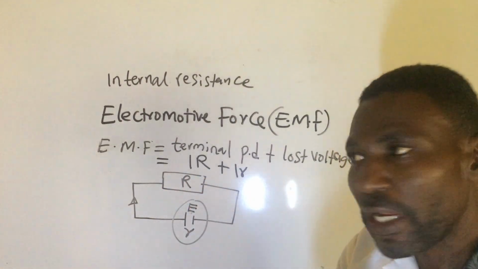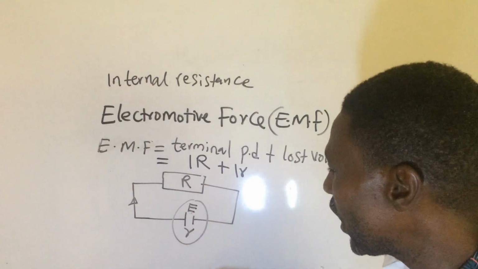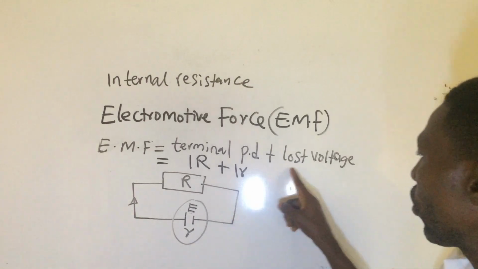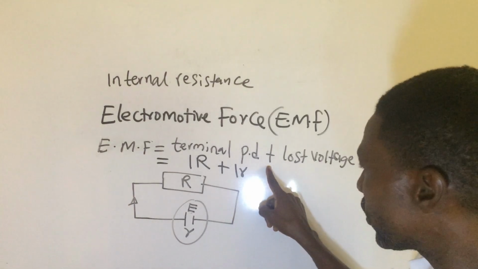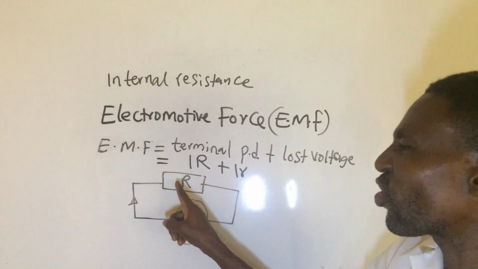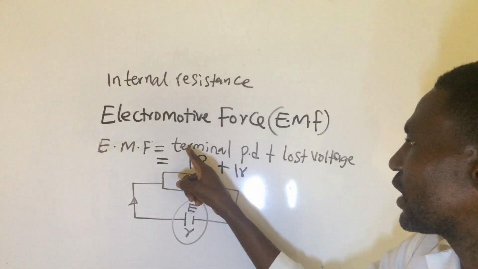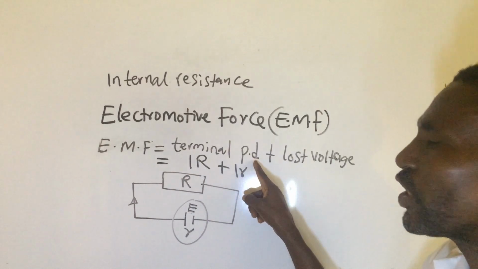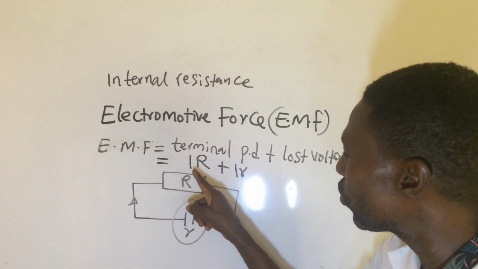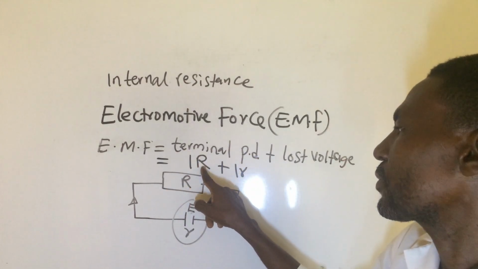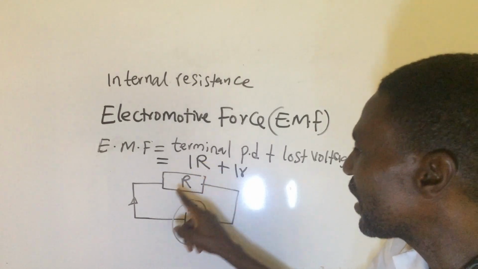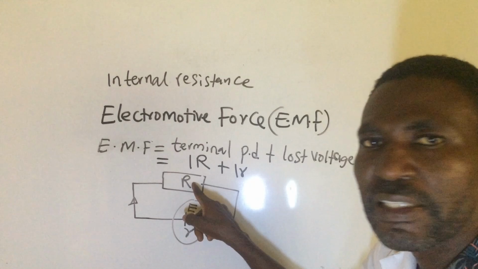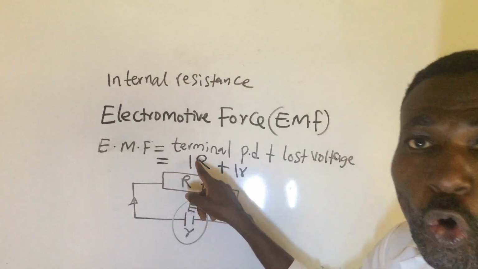So the total EMF will be the potential difference across the internal resistor, which we call lost voltage, plus the potential difference across the external resistance, which we call the terminal potential difference. To calculate the terminal potential difference, it is equal to current times resistor. It is the current entering this resistor here times the value of the resistor, using Ohm's law.